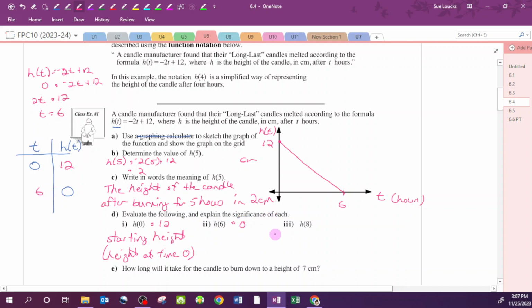That means the height after 6 hours of burning equals 0 centimeters. There's nothing left.